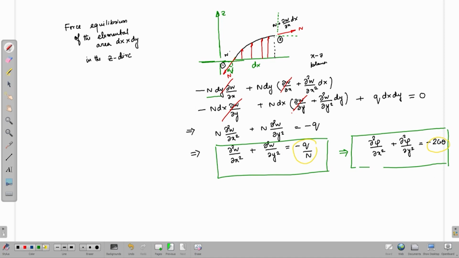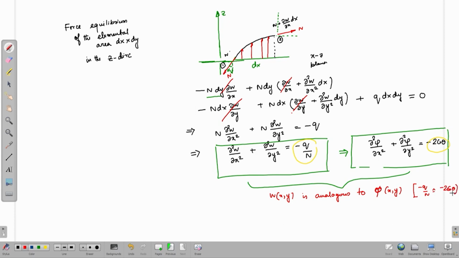Then from this whole thing, we can write that W, which is a function of x and y, is analogous to phi, which is a function of x and y, given that minus q by n is similar to minus 2g theta.